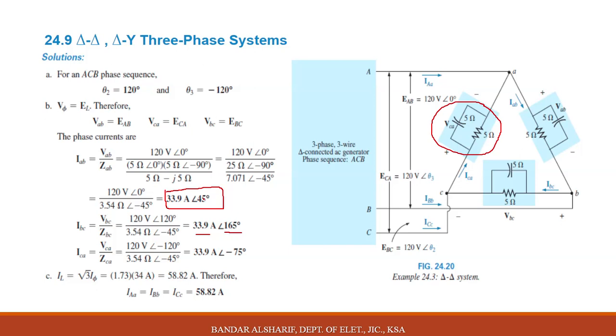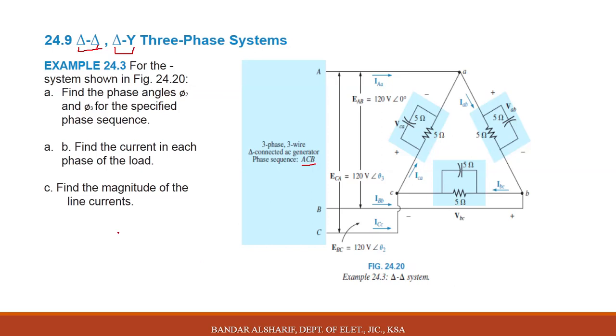You will notice that between 45 and 165 there is a 120 degree shift. If you continue solving, 120 angle minus 120 divided by the impedance, you will get 33.9 ampere and angle minus 75. For the last part, find the magnitude of the line current.